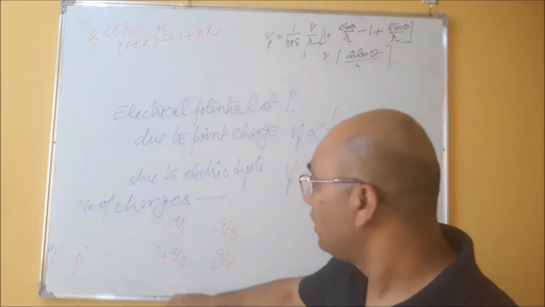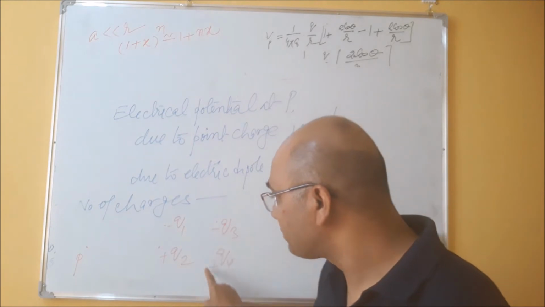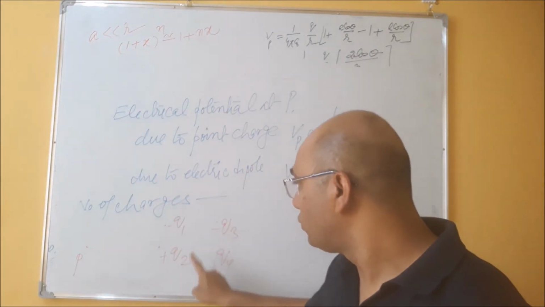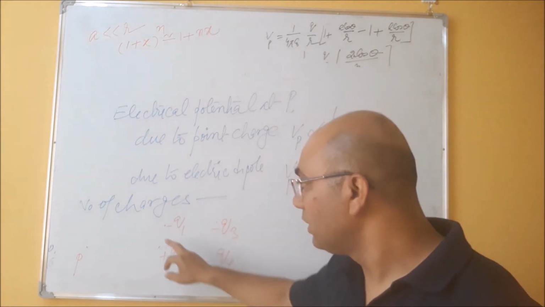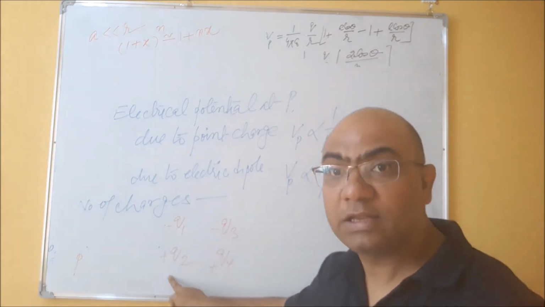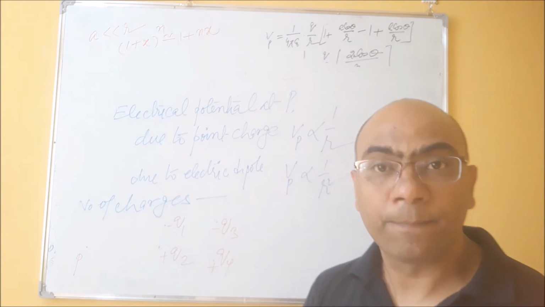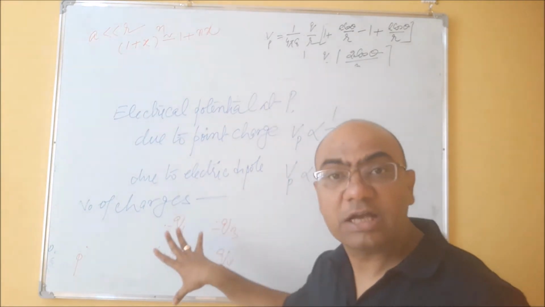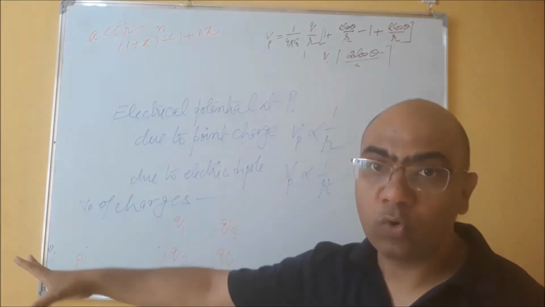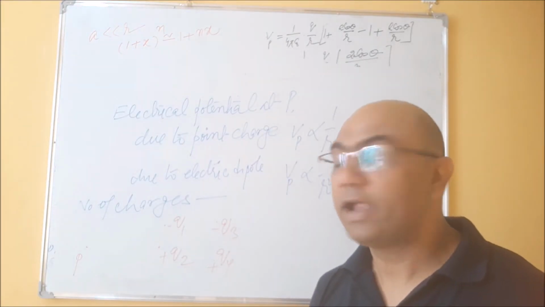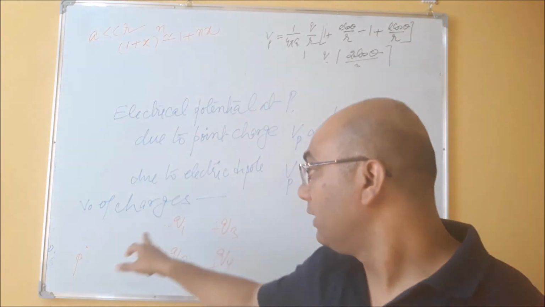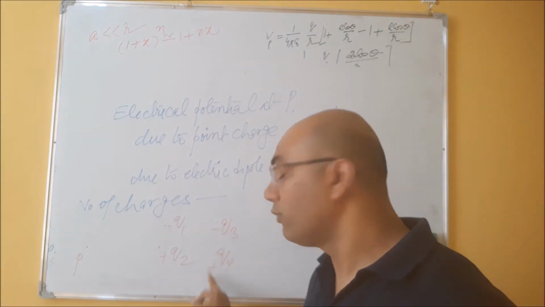We have four charged particles. These all are point charges, q1, q2, q3 and q4. q1 and q3 are negative while q2 and q4 are positive. Now due to these four charged particles, all of them will produce their own electric field, and therefore at point P we have four different electric fields due to 1, 2, 3, 4.